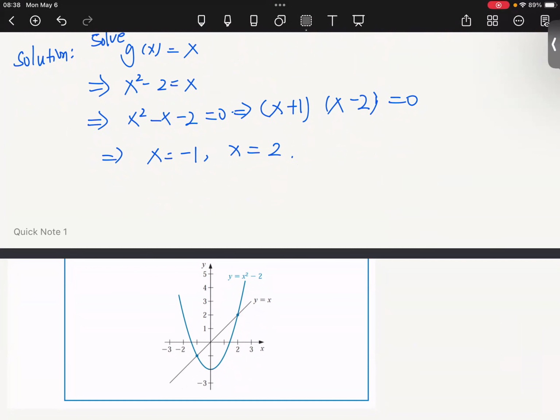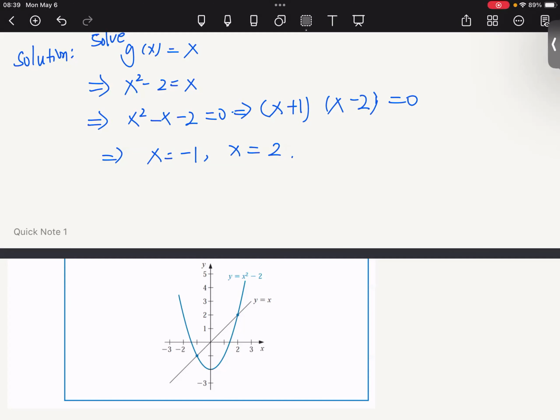The line is just y equals x, and the curve, the parabola here, is x squared minus 2. By solving this equation, g(x) equals x, it is equivalent to finding the intersection points between this curve and this line.